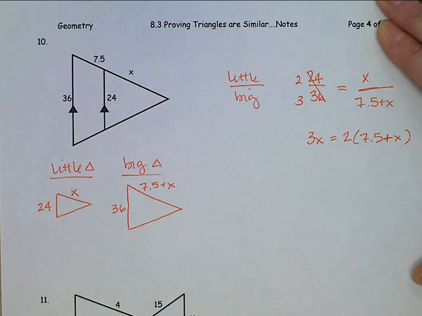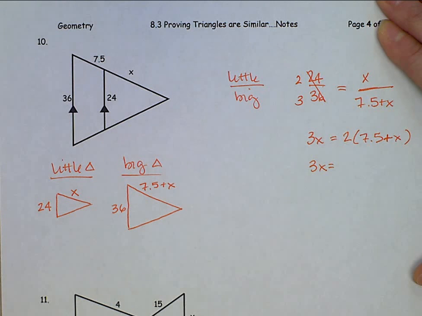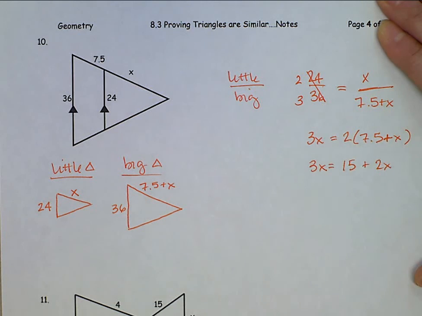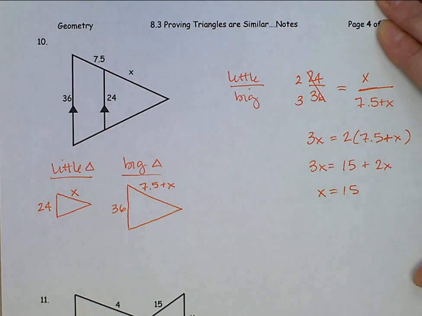Distribute. You're going to get 3x equals 7.5 times 2 is 15, and then plus 2x. Yeah, x is on both sides, so carry the 2x over to the left by subtracting. 3x minus 2x is 1x equals 15. That's all we're looking for. It just said solve for x.